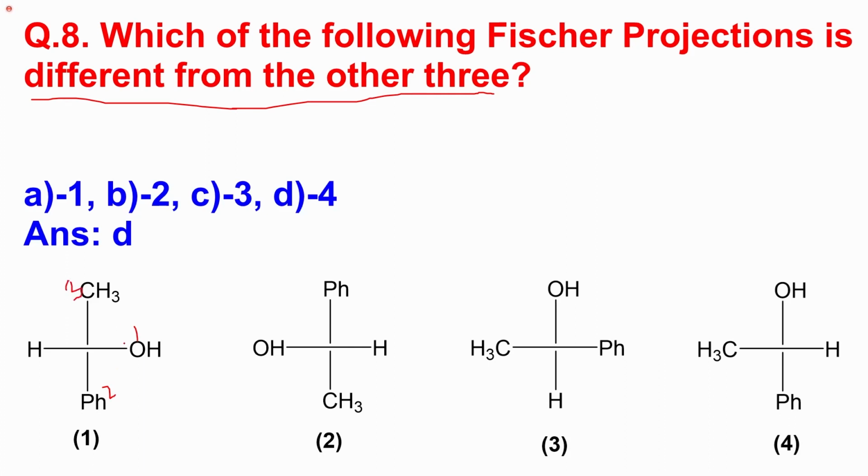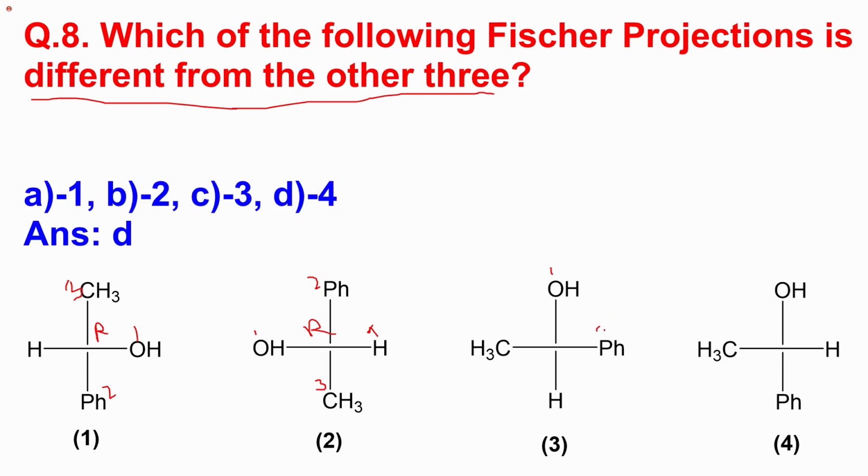Now one, two, three is clockwise, and the four is on the x axis. That means positive rule, so clockwise means this is R. Now one, two, three, four, this is also clockwise, so it will be R. Now let's say OH and hydrogen are swapped.